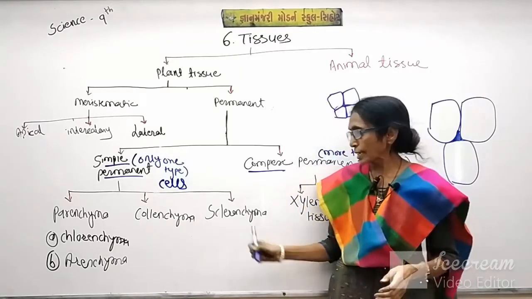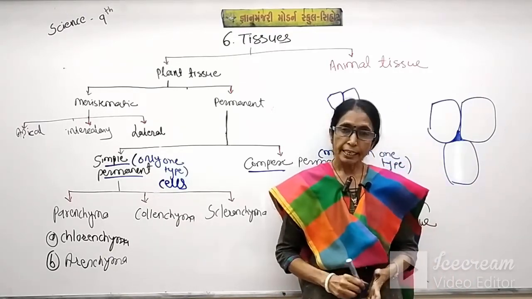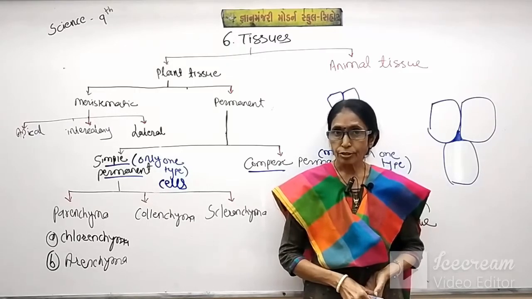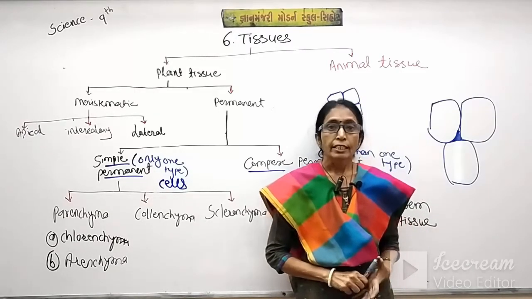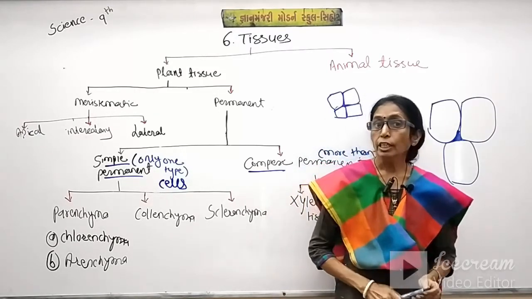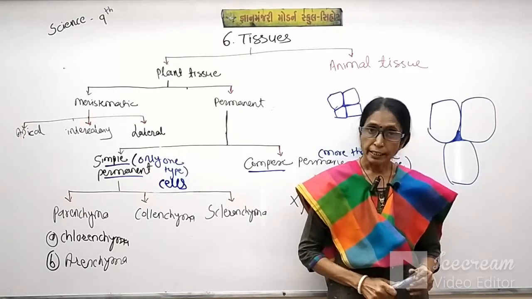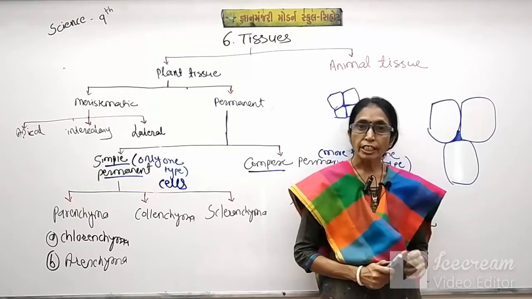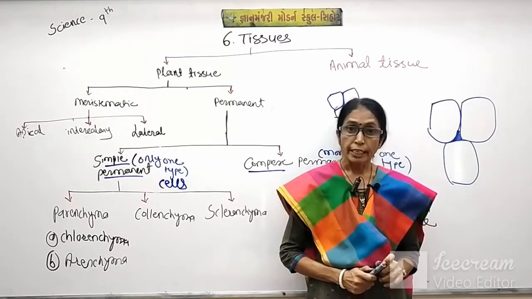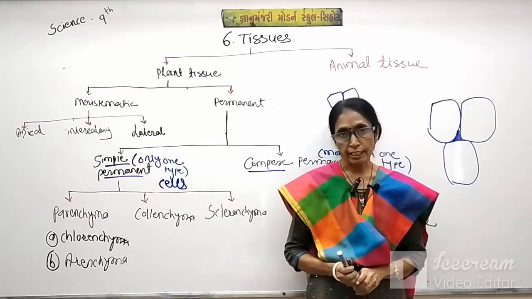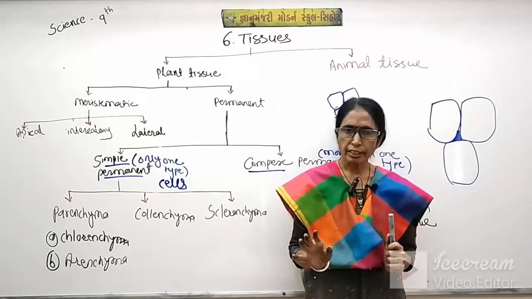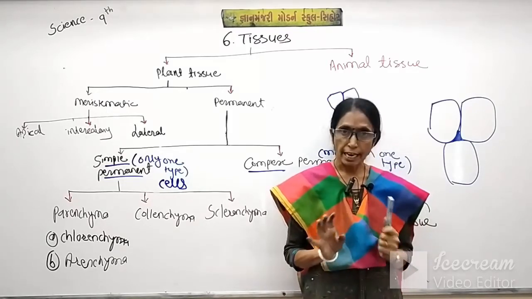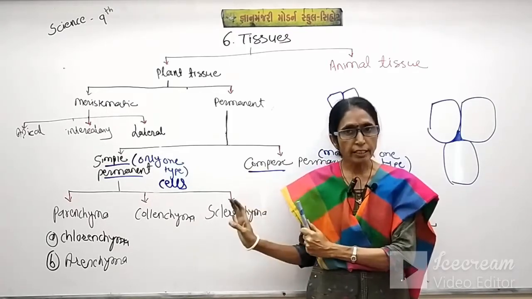Now, sclerenchyma. Sclerenchyma are dead cells, students, and they are polygonal in shape, and also there is a large intercellular space, and it is packed with lignin. Okay, we will write everything. Students, don't hesitate. Everything is easy.